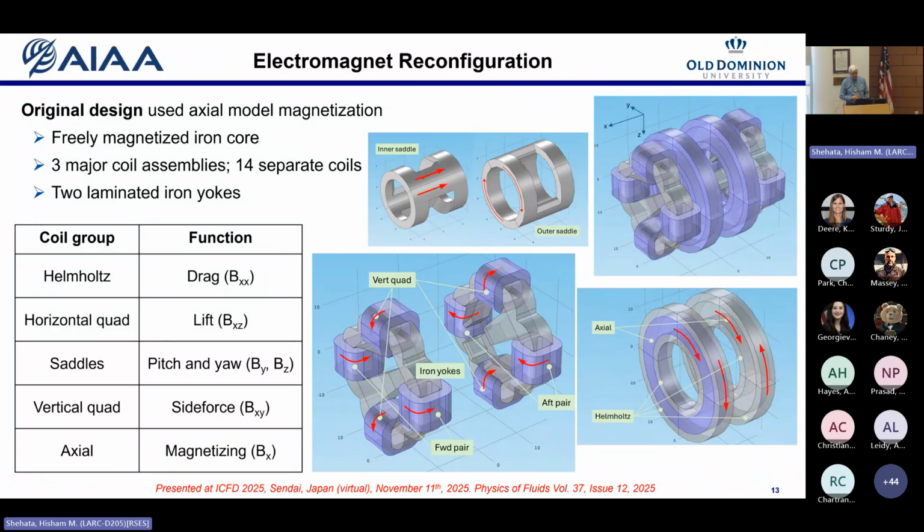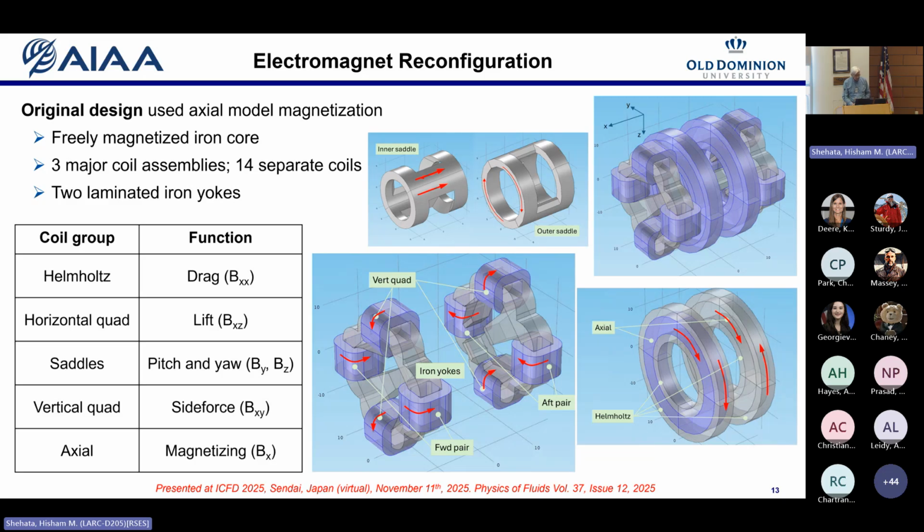So the electromagnet assembly surrounds the test section. As originally designed, the axis of magnetization of the model was along the axis of the wind tunnel, which suited the testing they were doing at the time. I'll have a few results right at the very end from that era. We needed different configurations.